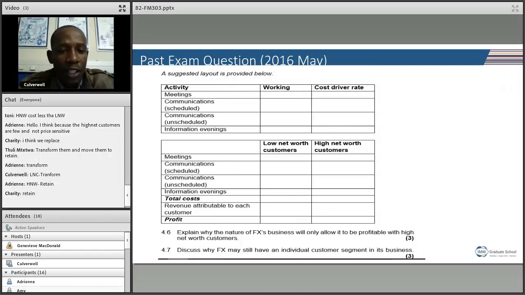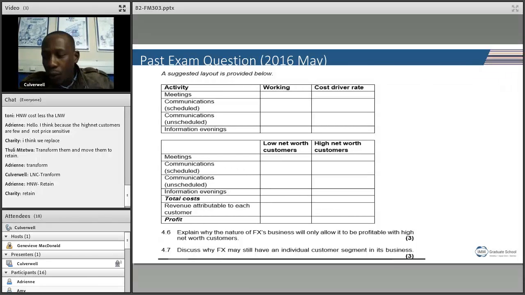If you don't continuously monitor what's going on with them, you might continuously leave them in the low net worth customers, and people of that nature will be having a lot of money. They've got ego issues, and if you don't massage such ego issues, you might end up losing those customers.